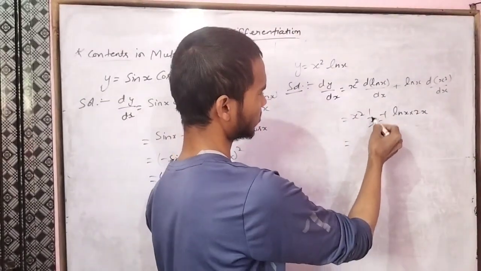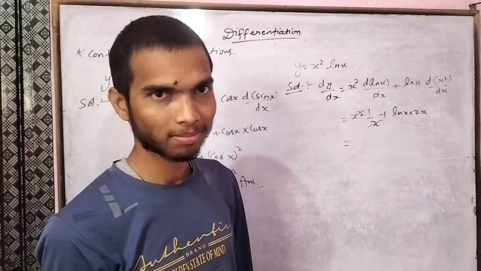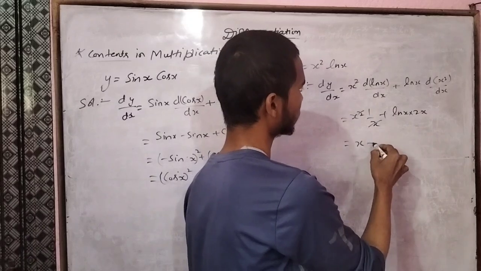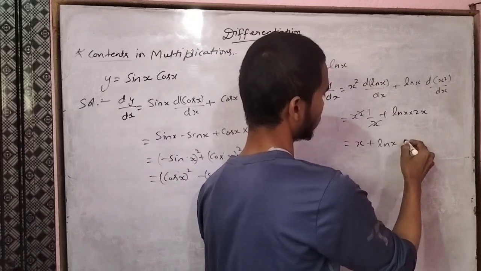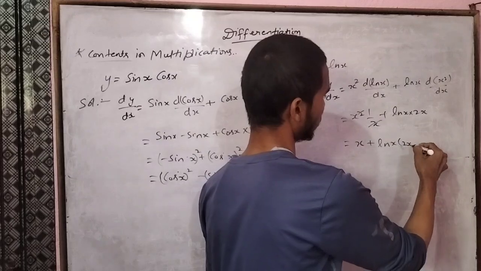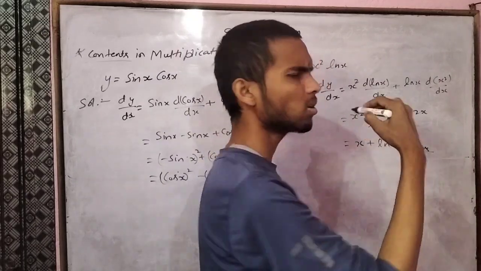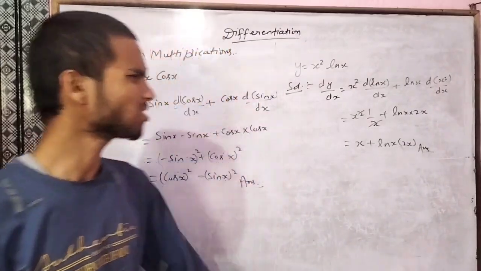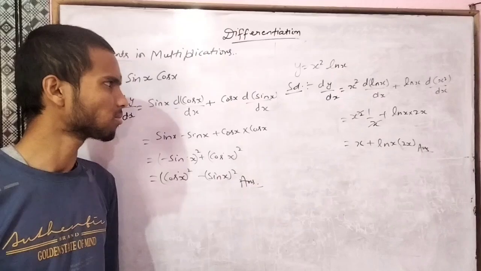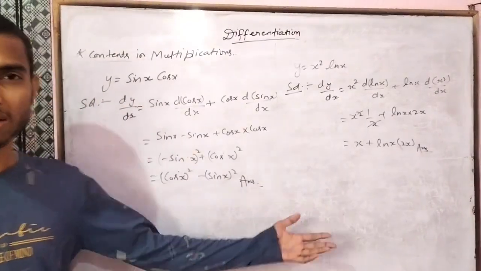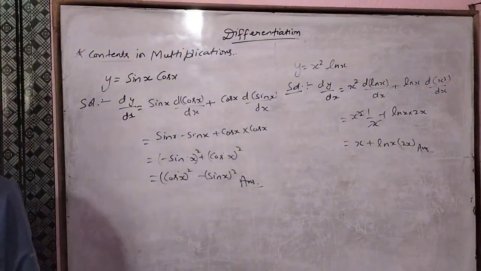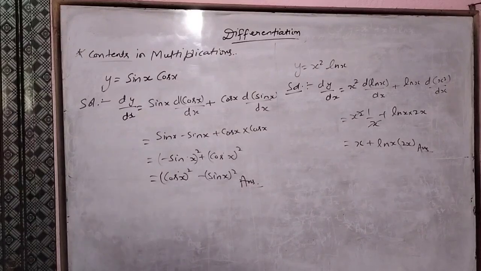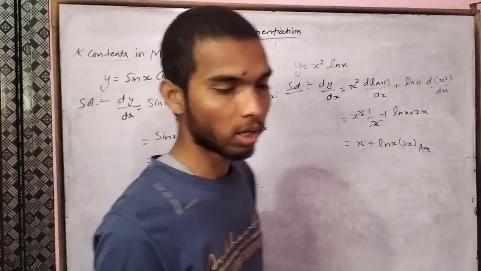Here we are looking, can we cancel this? Now we have x plus ln x 2x. This is the final answer. This is how we solve this kind of question. This is not heavy, it doesn't look complicated.